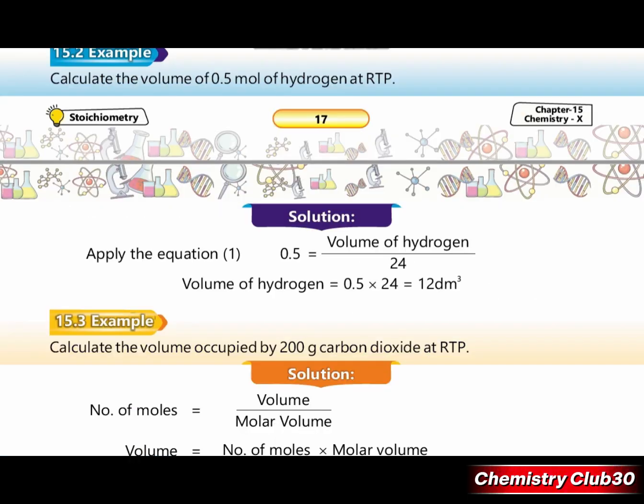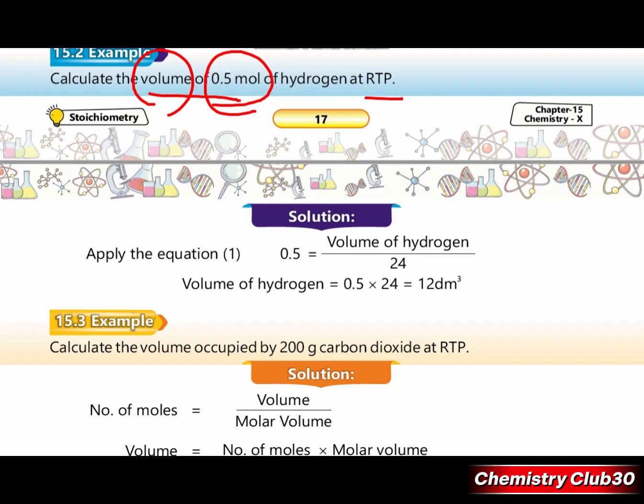Example 2. Calculate the volume of 0.5 moles of hydrogen at room temperature and pressure. In this numerical, the given data is the number of moles of hydrogen at room temperature and pressure, and we have to find the volume. So we will simply use the formula given at the top.